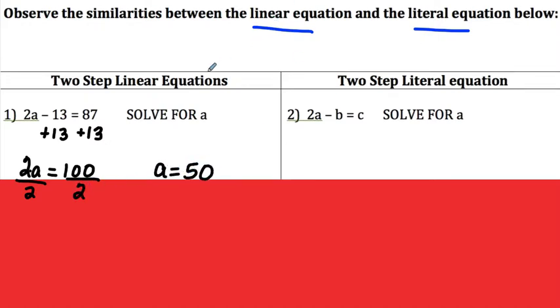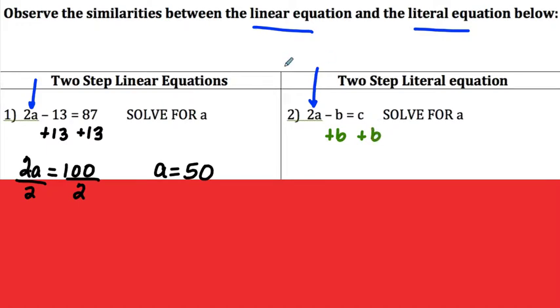With a literal equation, we're going to solve for a, but now there's going to be variables. Don't let it scare you. It's the exact same process. Here we had to isolate our variable. We isolated a. Here we're solving for a, so we have to isolate a. Very similar. The first thing we're going to do is add b to the other side. Now, c and b are different variables.